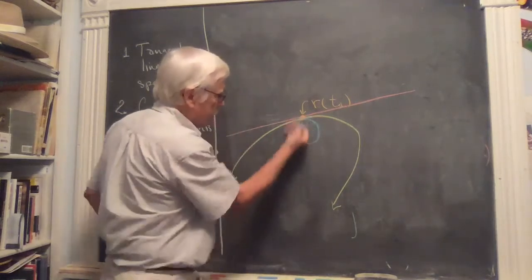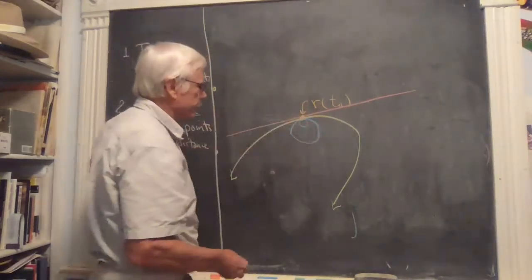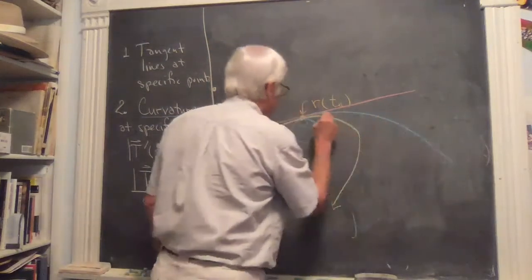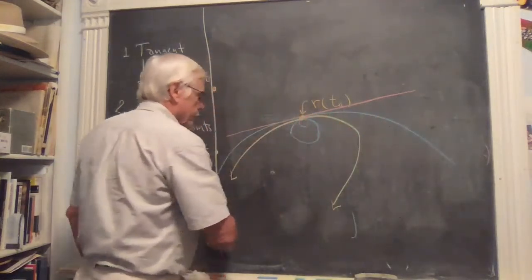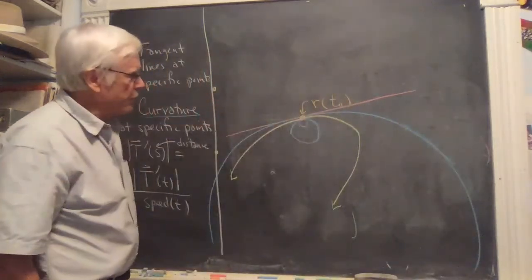So these circles that I'm drawing all lie on one side of the curve. Some circles, though, are huge and lie completely outside the curve. So this circle here that I'm drawing lies completely outside.